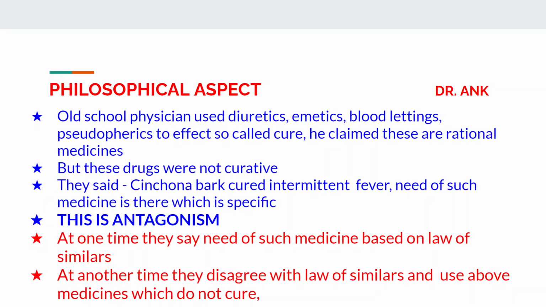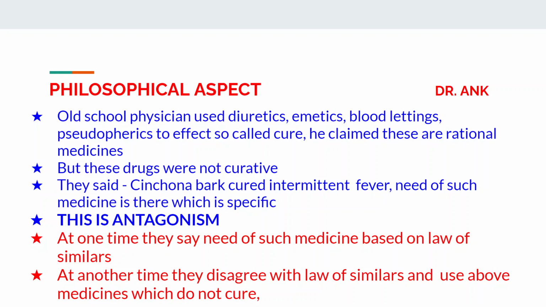This is the antagonism between homeopathy and allopathy. The old school, that is the antipathic physicians, understands the need of specific remedies which are able to cure the diseases, but the way to build the homeopathic materia medica is not acceptable.